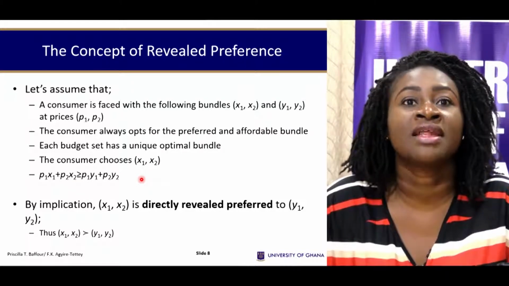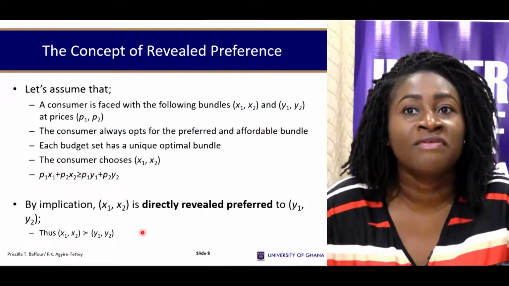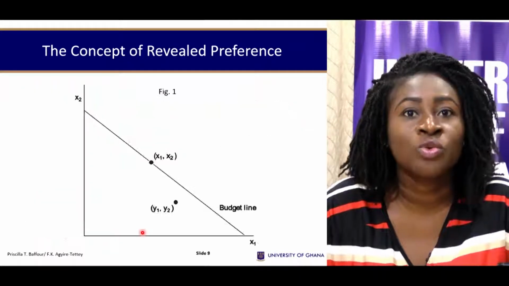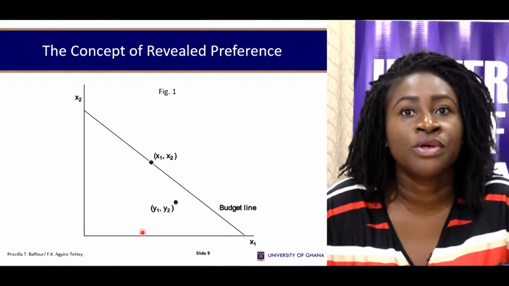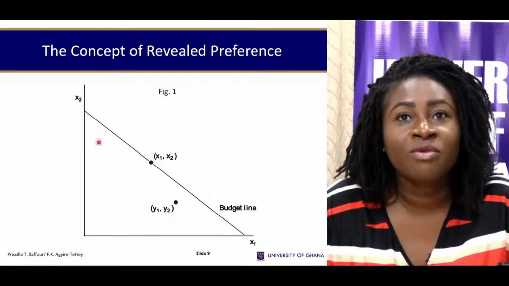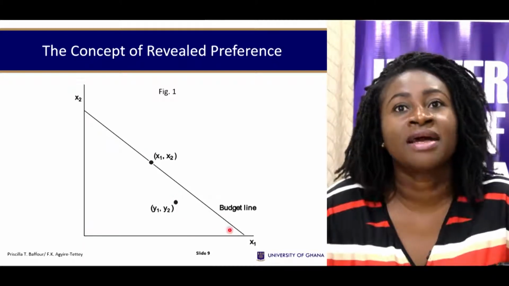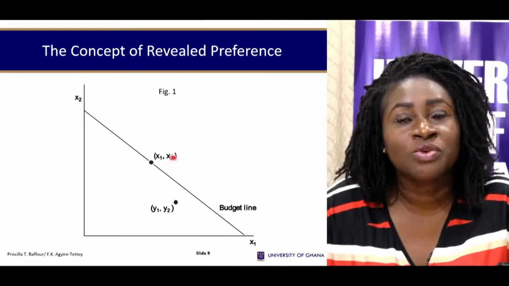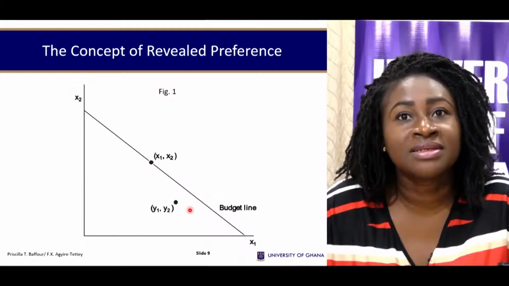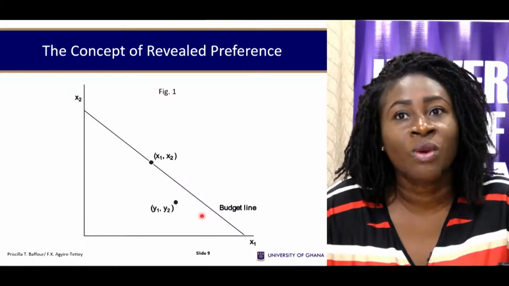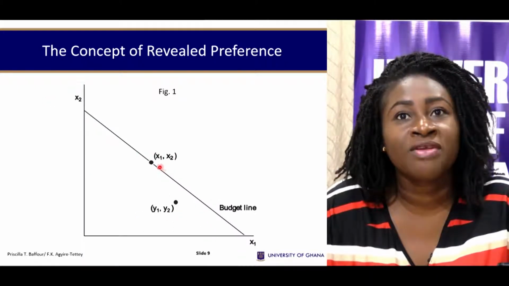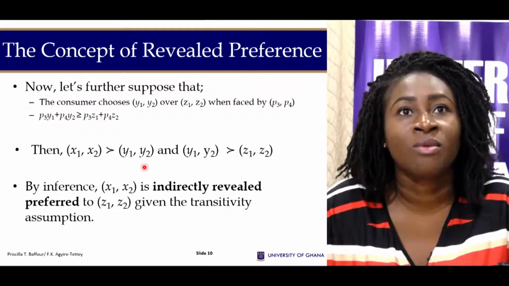Then it means that (X1, X2) is revealed preferred to (Y1, Y2). This is a scenario where we have plotted the options available here. You can tell that (X1, X2) is a superior bundle to (Y1, Y2), so the consumer reveals a preference for (X1, X2) over (Y1, Y2).